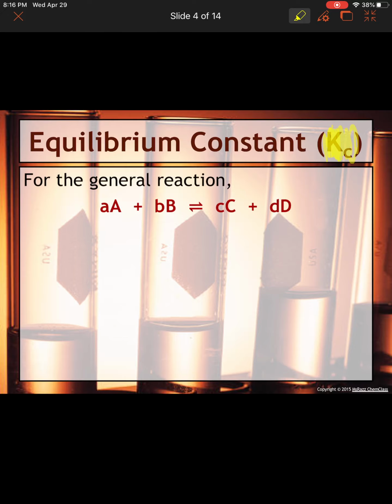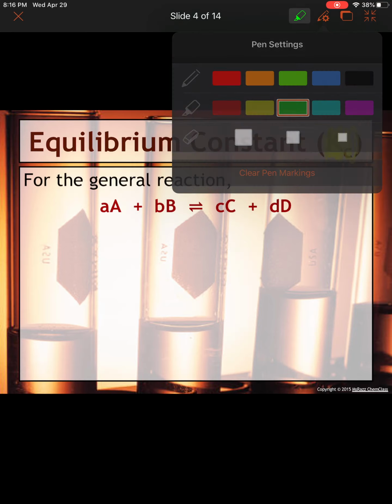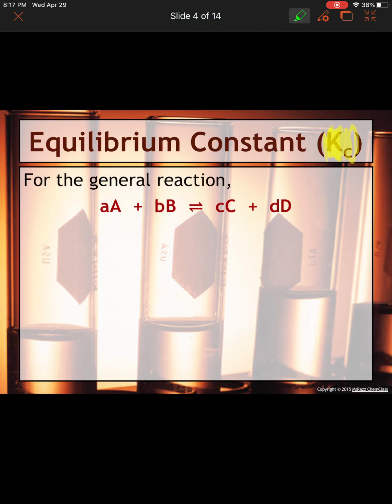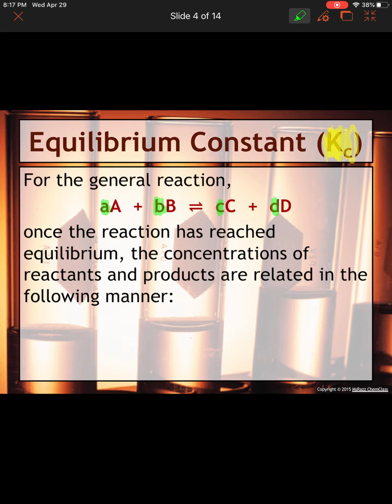We are given this general reaction where you have A plus B yields C plus D, where the capital letters are your actual chemical substances, and your lowercase letters are the coefficients in front of your balanced chemical equation. For the general reaction, once the reaction has reached equilibrium, the concentrations of reactants and products are related in the following manner.